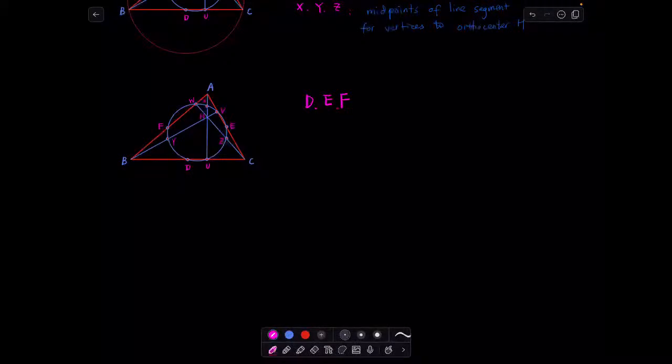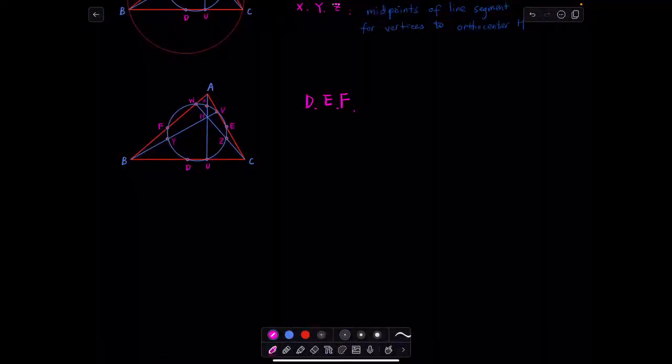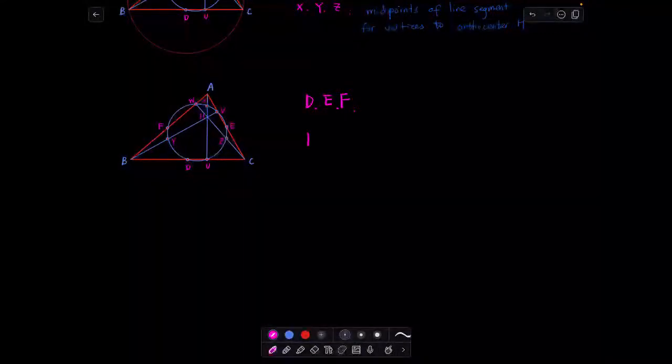And of course the circle here is going to be this blue circle. So we have D, F. Now we first want to prove that D, E, F, U are on the same circle.